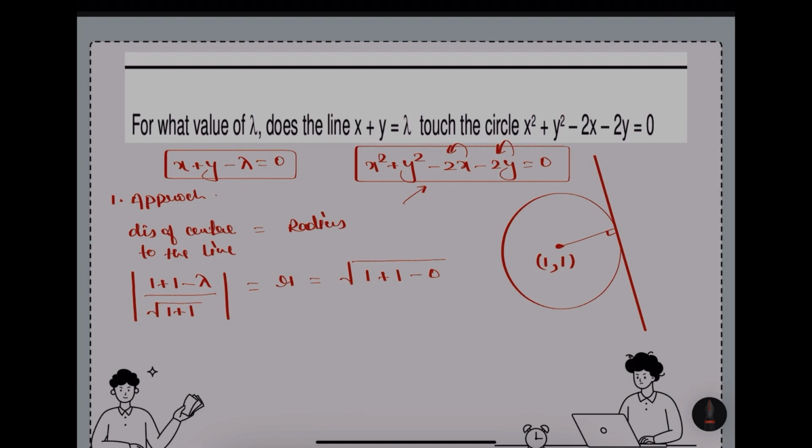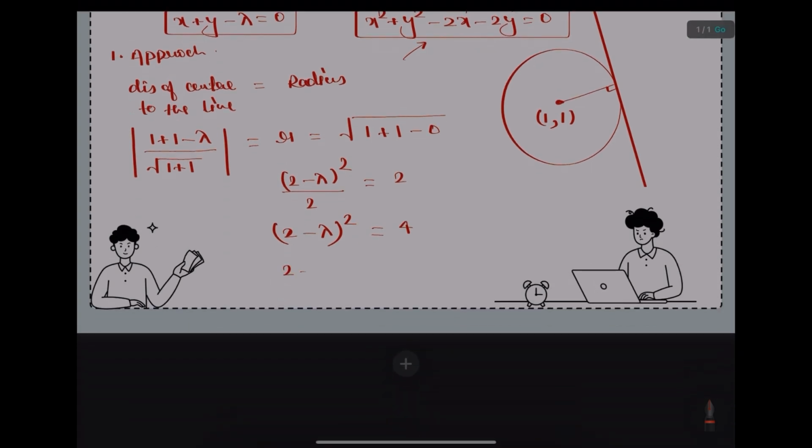So can I write 2 minus lambda whole square upon 2 equals 2? So 2 minus lambda whole square will be equal to 4. So 2 minus lambda will be equal to plus 2 or minus 2.